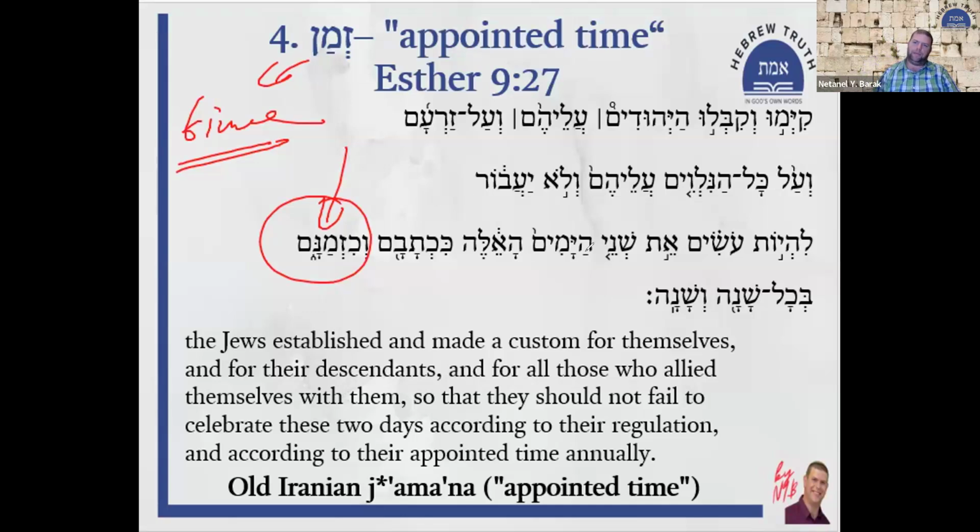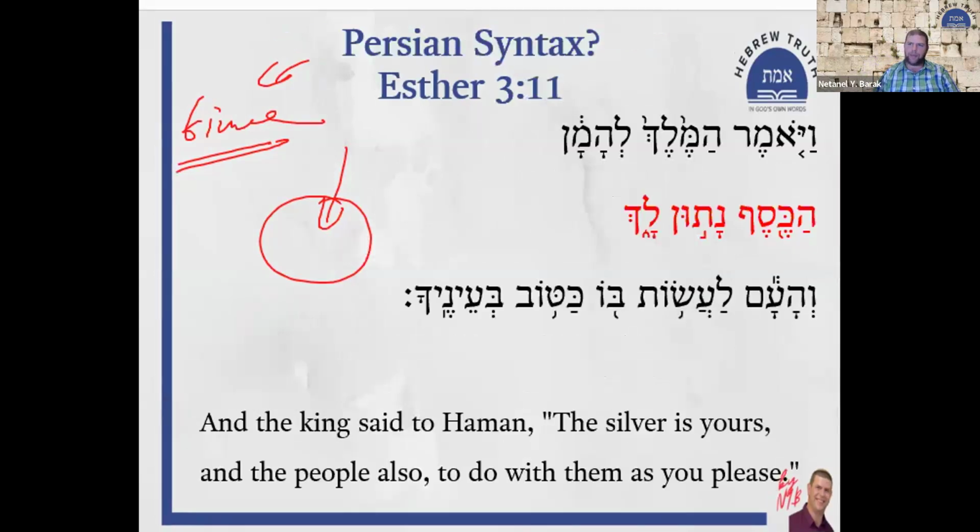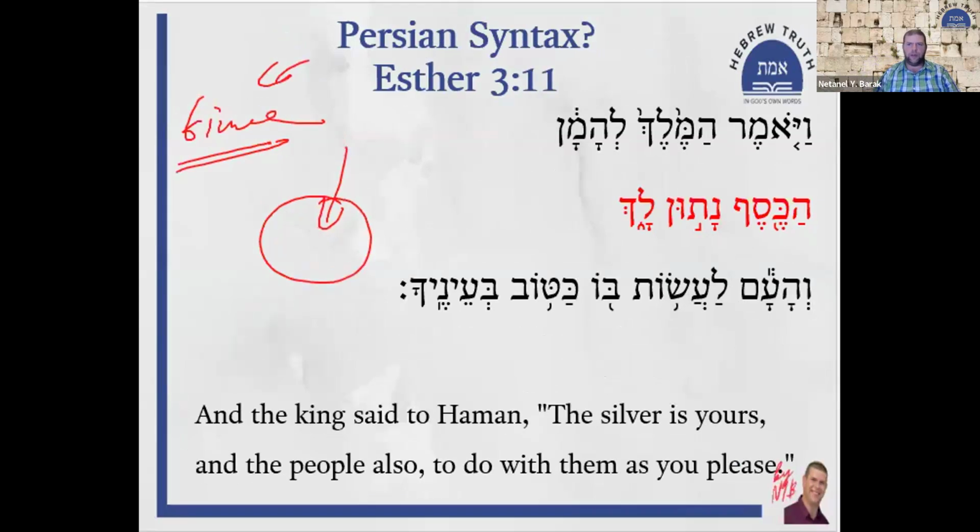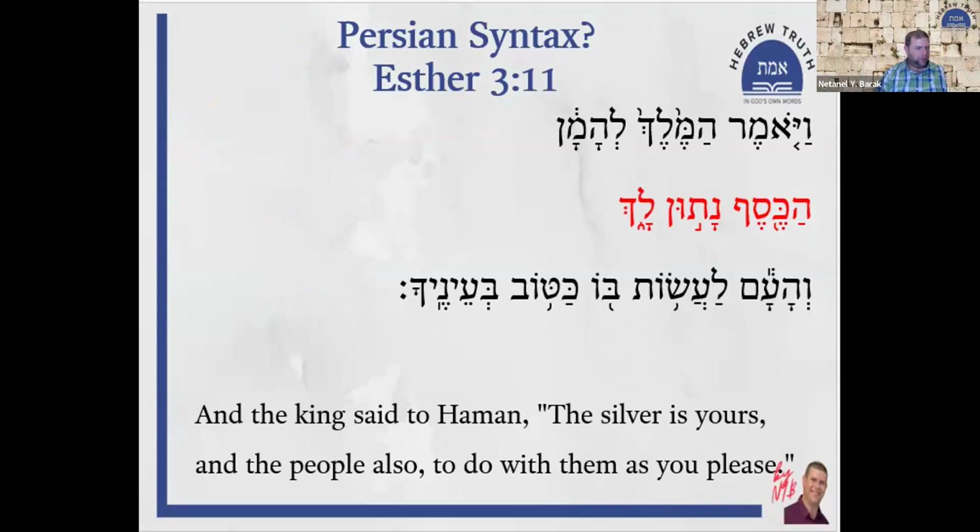So that's again from the Book of Esther. I mentioned in the beginning of today's discussion that there is a verse in the Book of Esther that is, I think, misunderstood by the overwhelming majority of the people who read this verse.